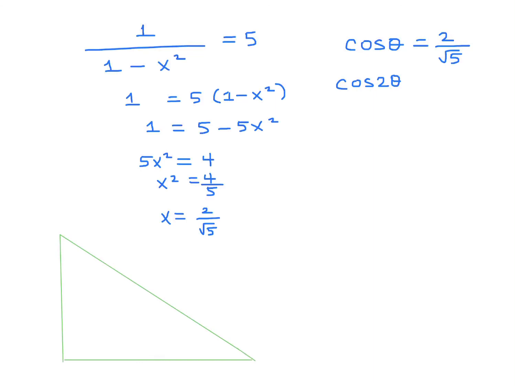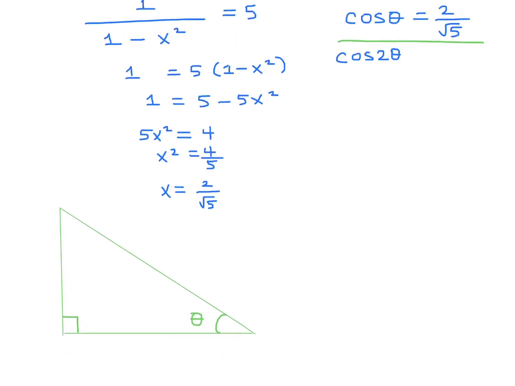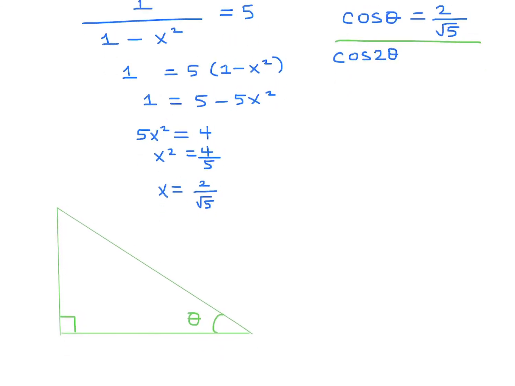So the first thing, of course, is without a calculator, I want to figure out a triangular relationship for cos theta is equal to 2 over root 5. So I'll let this guy equal theta, and in a triangle, the cosine is adjacent over hypotenuse. So this has got to be 2, and this has got to be root 5.